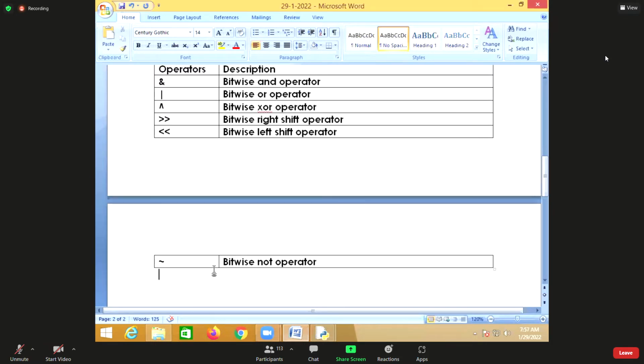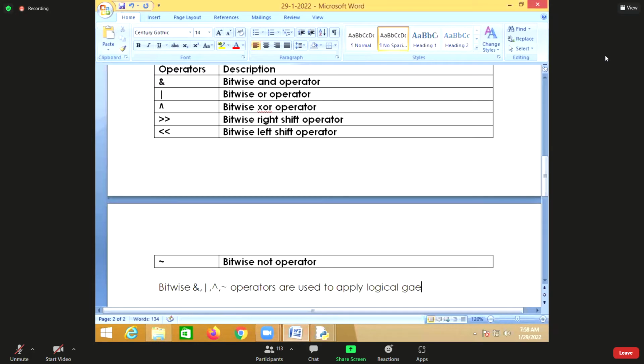So actually this bitwise AND, OR, exclusive OR, and one more, NOT. These operators are used for applying which one?